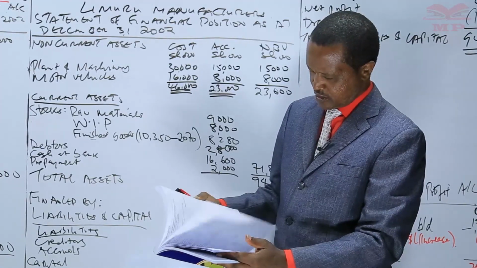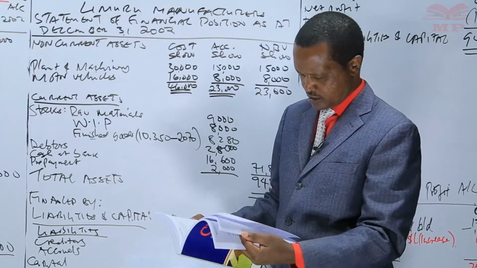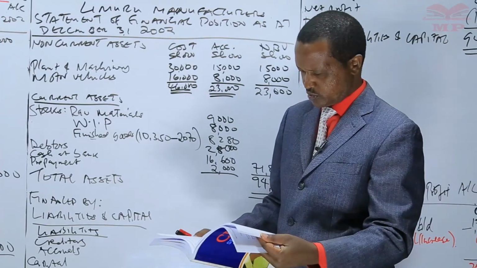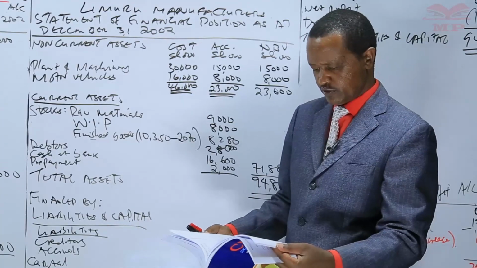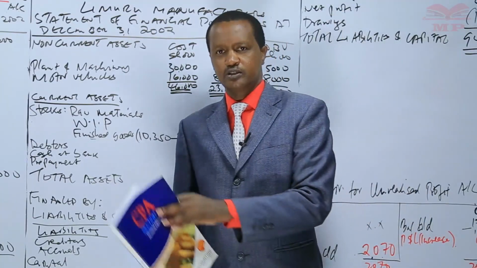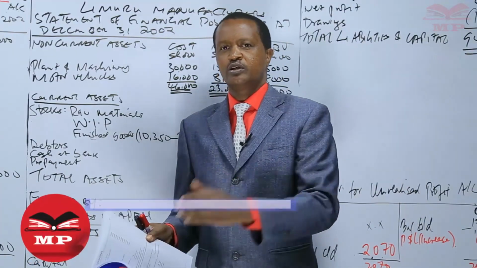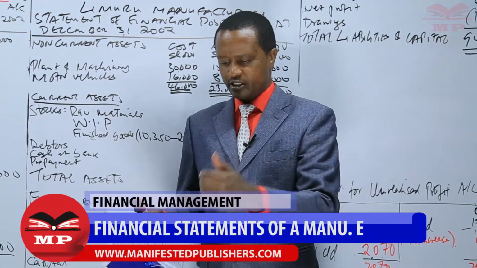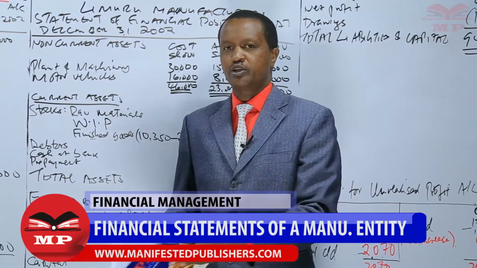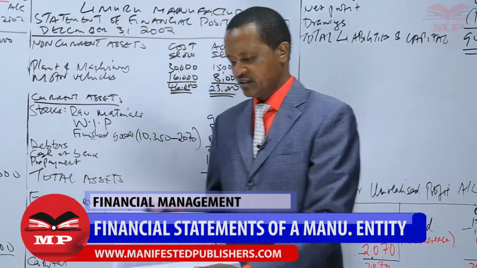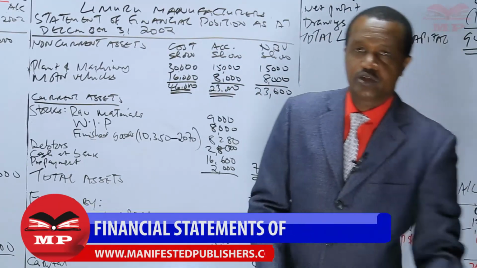Here we have assembled 12 questions on manufacturing accounts. Go and practice. If you have any question, ask, attempt the question, mark your work, because answers are provided at the back of the book. Thank you and bye-bye.